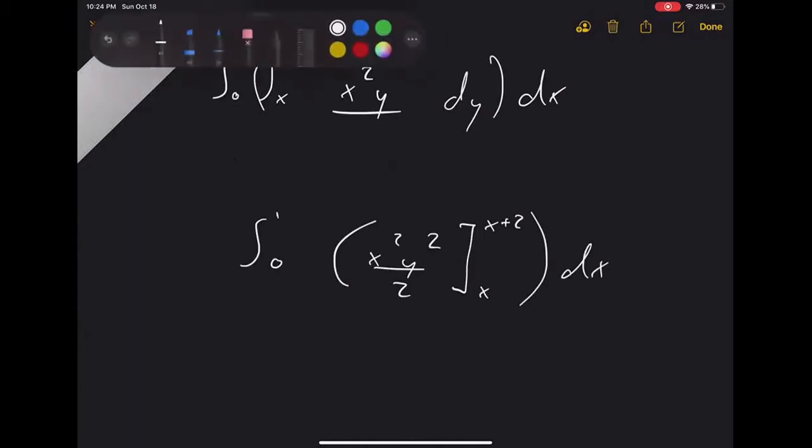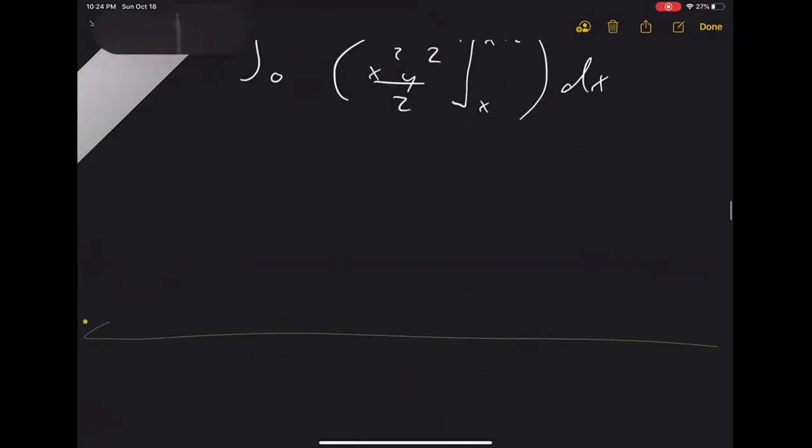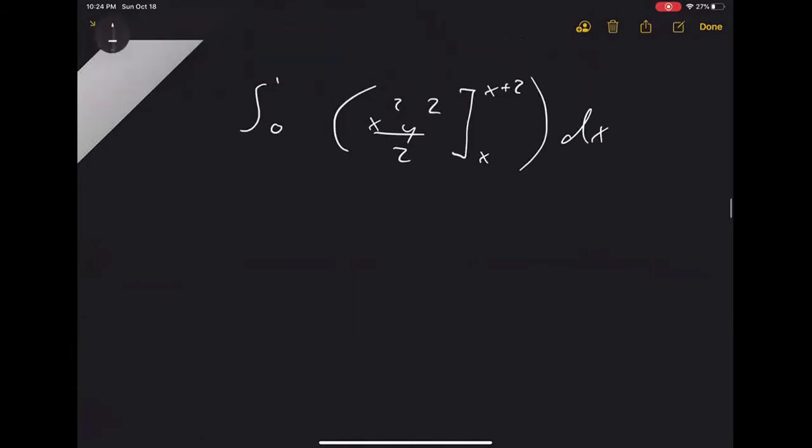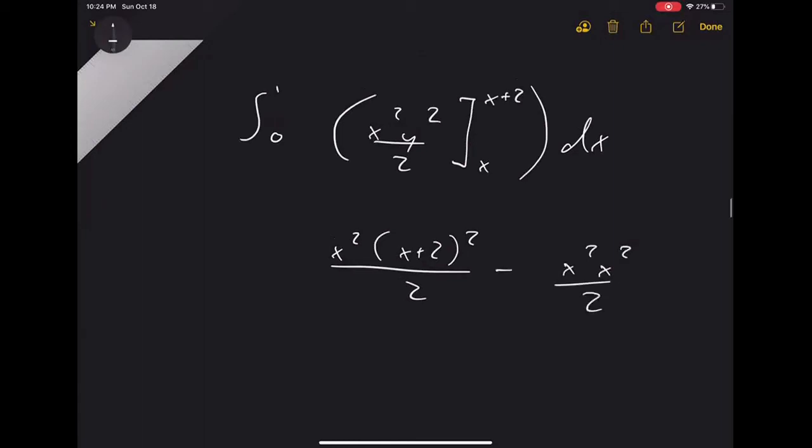So I have this, and then just plug your bounds in for y. When I plug in x plus 2, I get x squared times (x plus 2) squared over 2, minus x squared times x squared over 2.